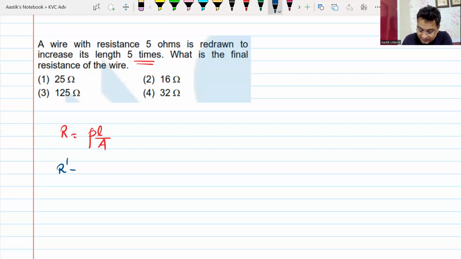New resistance R dash becomes rho, which remains same, times L dash. How much is L dash? 5 times, divided by A dash. Does the area remain same?